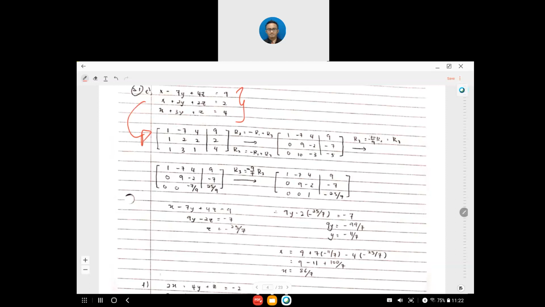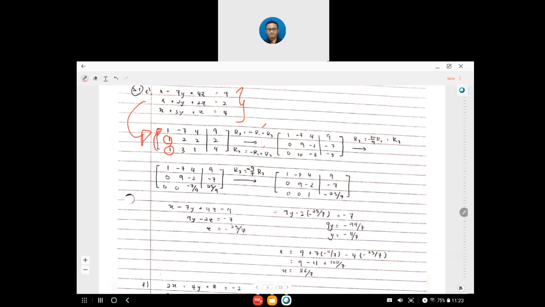Also the same thing for this one. You must change this value to become 0 by using row 1. Since all the items are 1, you just do negative R1 plus R3 to change row 3, and then negative R1 plus R2 to change row 2.